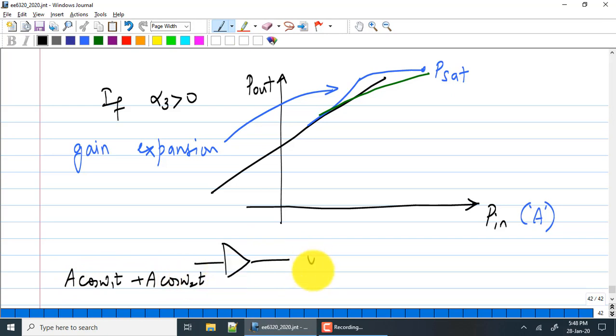What is the output equal to? We'll assume that omega 2 minus omega 1 is some delta omega, with omega 2 the larger frequency. Okay, we'll stop for today's class.